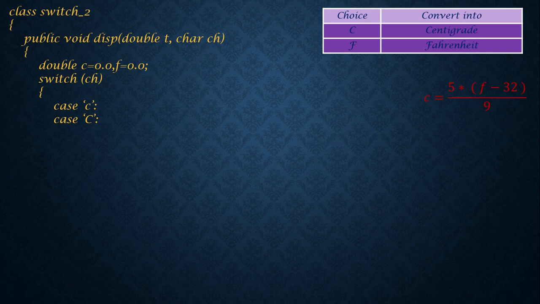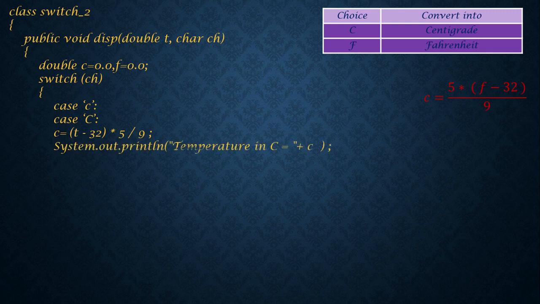Okay, so this is one example of the situation where I have just described the fall through statement. So now I have to convert the temperature into centigrade, and then I will display the temperature in centigrade.